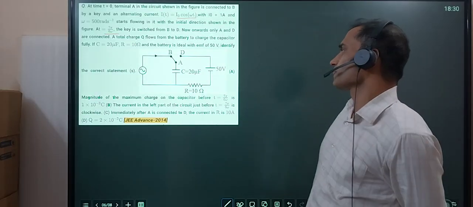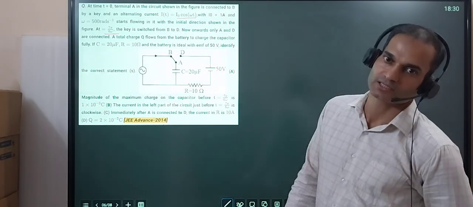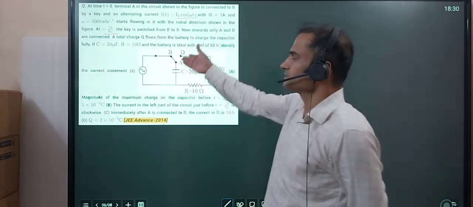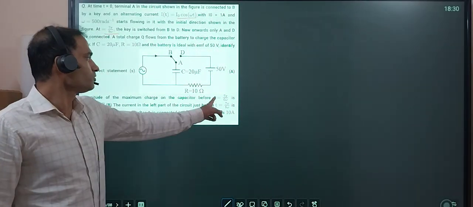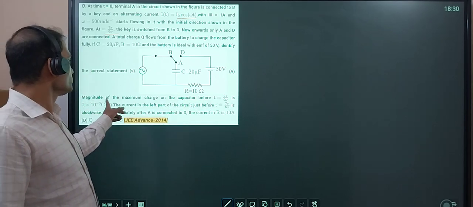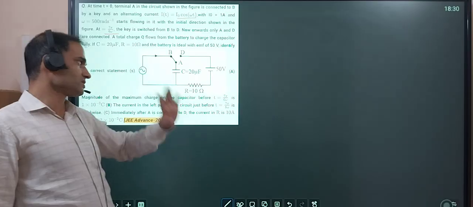Okay, first we have to find the magnitude of maximum charge on the capacitor. Current is given. We have to find the magnitude of maximum charge before 7 pi by 6 omega.